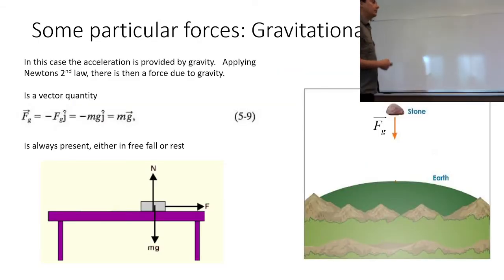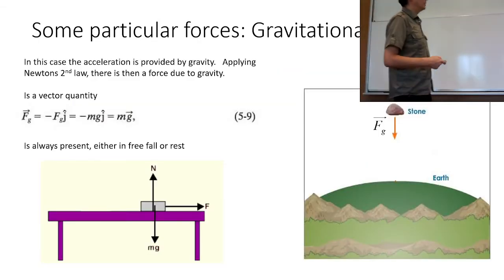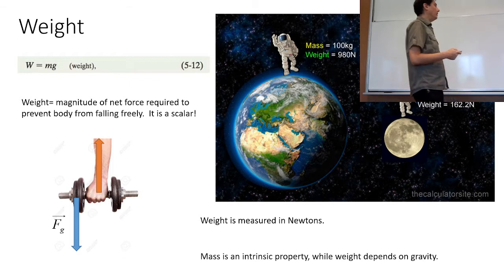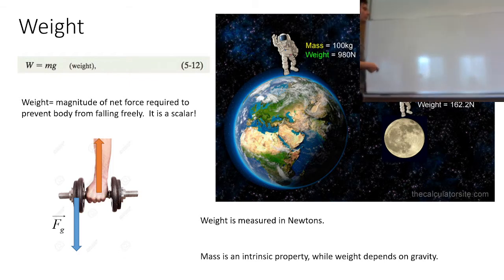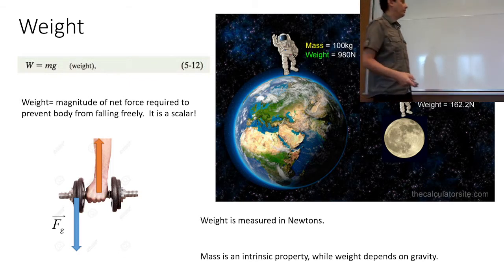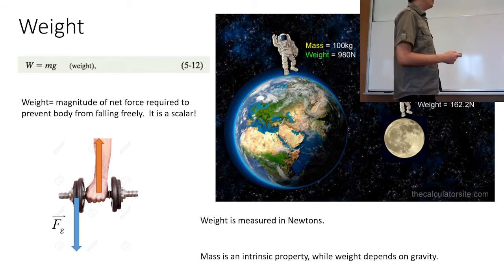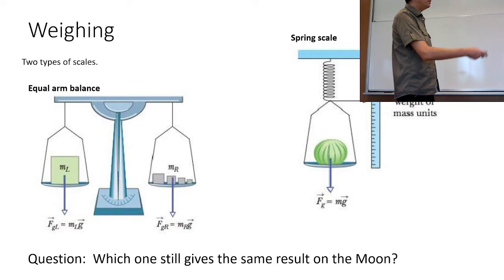And so gravitational force is a typical type of force that we'll be looking at. Weight is actually the magnitude of the force required to prevent a body from falling freely. So weight is actually measured in newtons as opposed to kilograms, as you see on scales.